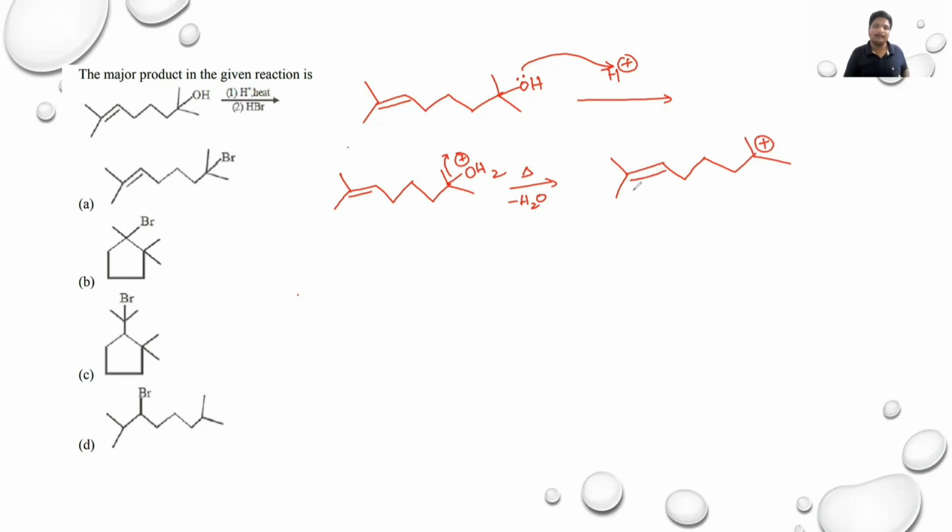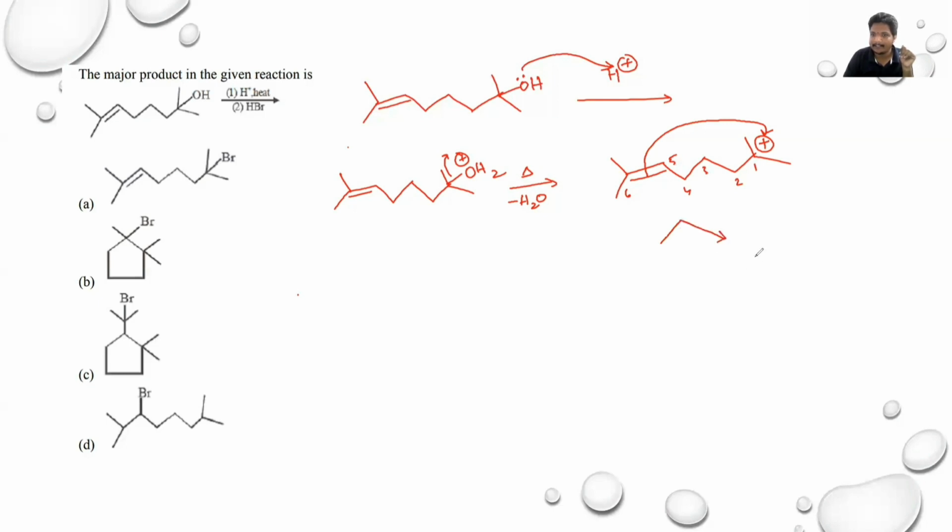Now this carbocation will undergo rearrangement. This is carbon number 1, 2, 3, 4, 5, and this is 6. There will be cyclization, so you can expect two kinds of cyclic products.